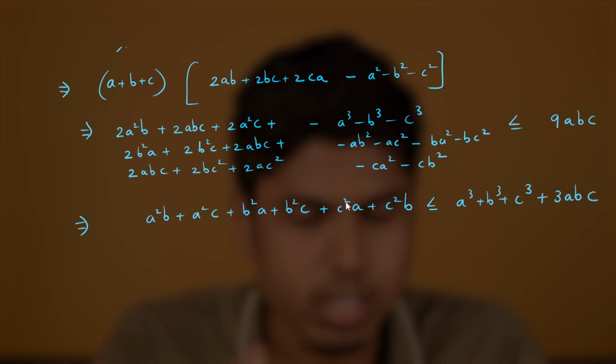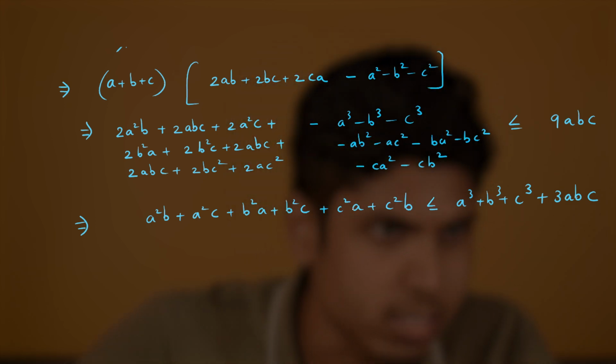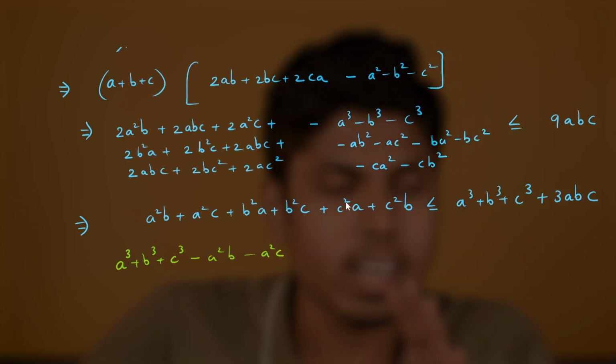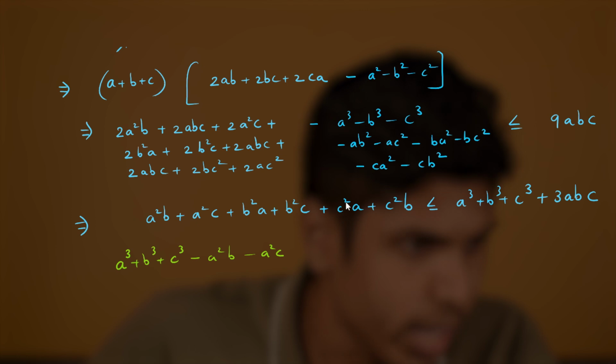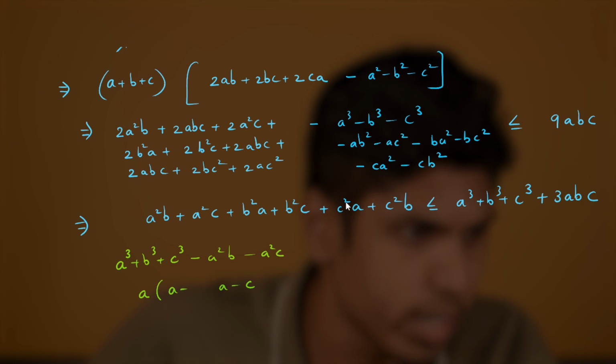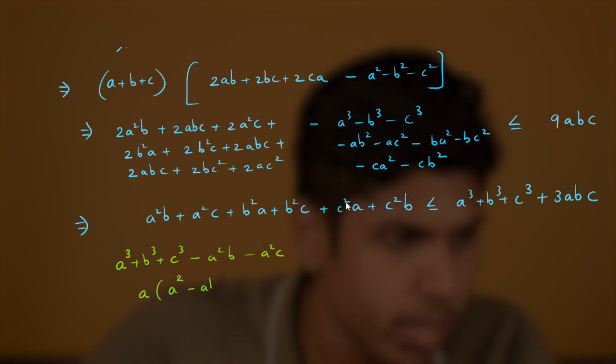So if you shift the terms to the RHS, you would get a cube plus b cube plus c cube minus a square b minus a square c. And let's take a common. So if you take a common from these two, you would get a times (a minus b)(a minus c). Or in other words, you would get a square minus ab minus ac plus bc.